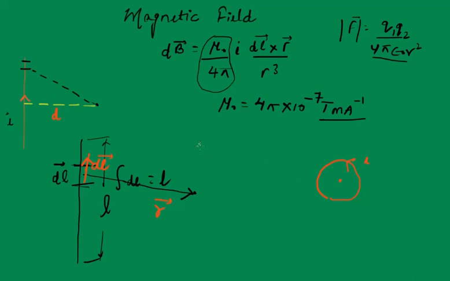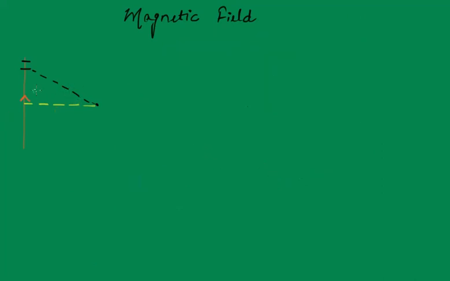Okay, so now let's try to find out the magnetic field due to an infinitely long wire. Let's say we have this infinitely long wire, and let's say there's a point at a distance d from the wire. Let's find the magnetic field at this point. What do we know?